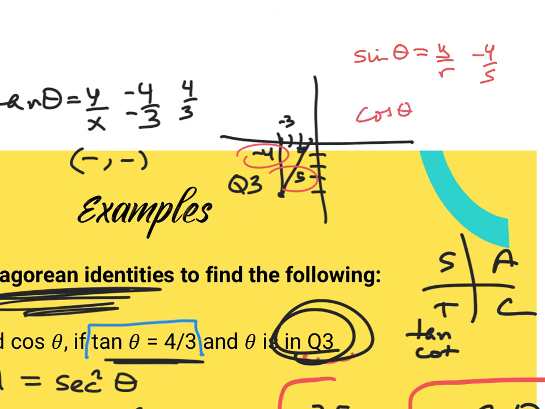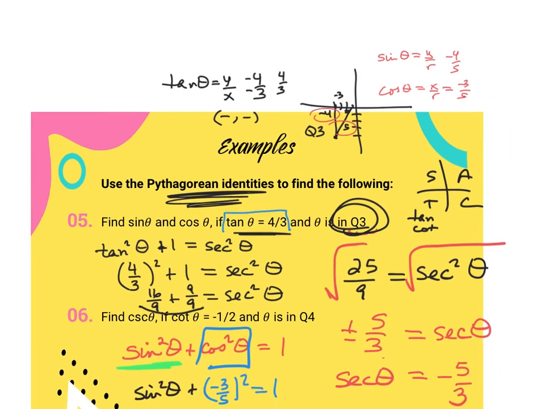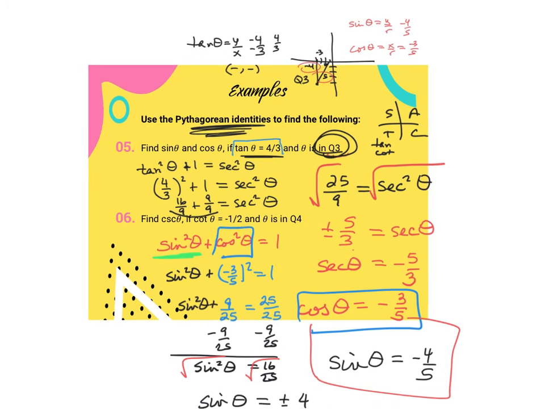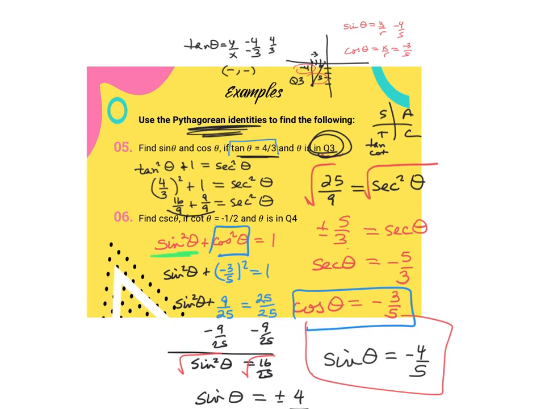Same thing for the cosine, x over r, negative 3 over 5. So it's a way you can confirm that all that work you did using identities gives you the same answer if you graph it. But again, it will be mandatory that you show all of the work and how you're plugging it into these identities.